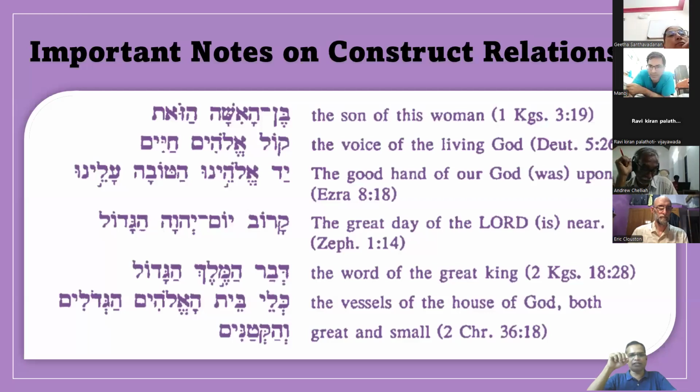In the English translation, we are making it as the great day of the Lord is near. So here one point I mentioned, there will not be any element appearing in between the nouns that are placed in construct and absolute relationship. So maybe it is to emphasize that it has been mentioned here.